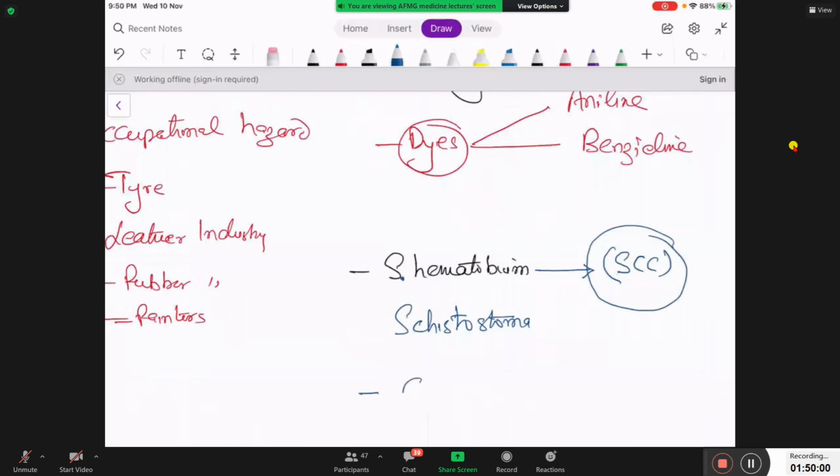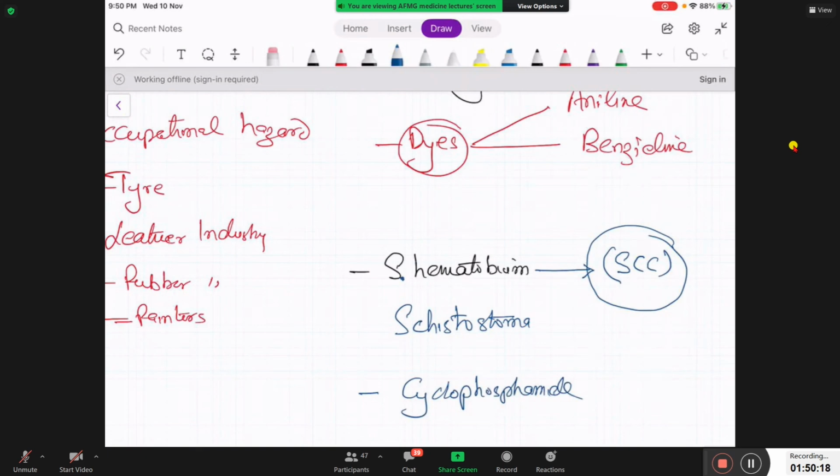And cyclophosphamide is also a risk factor for bladder cancer, transitional cell type, important.